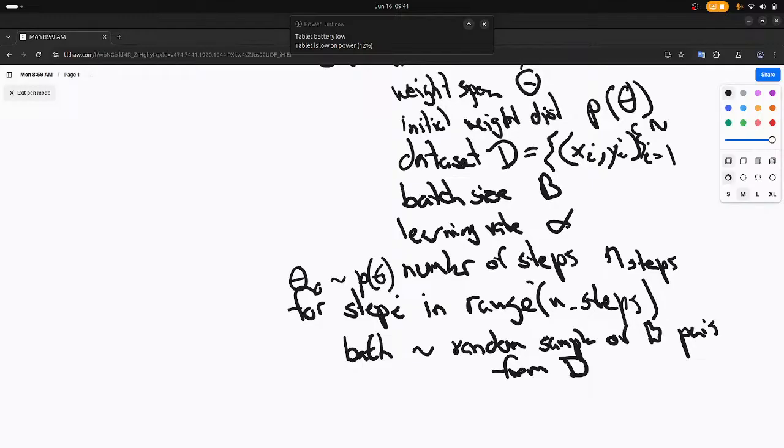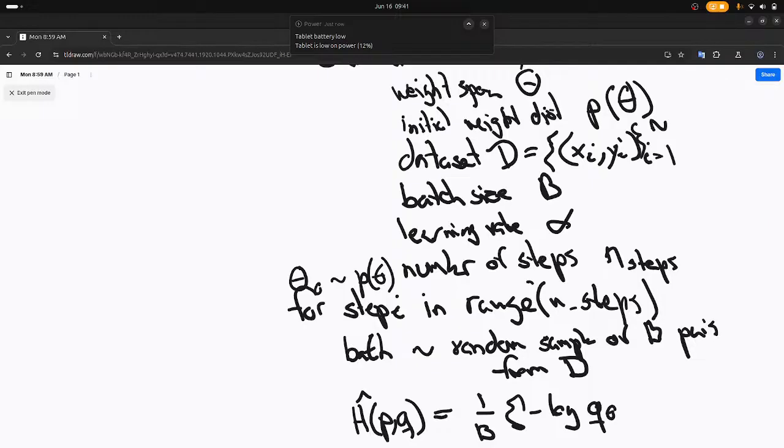Then we compute the cross entropy H PQ, which is equal to 1 over B, as we said, minus log Q. I'll actually do it now with the old notation that I used before, just to avoid the Q now.